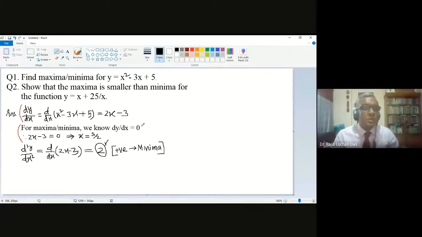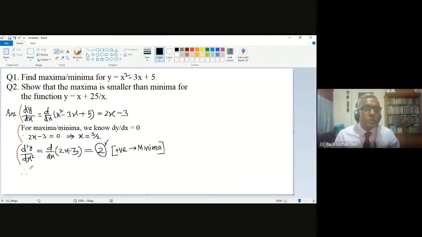So this is your third step. So you do not need to go for fourth step here because you are not putting any x value in the second derivative because the decision is already been made. Decision is already done.